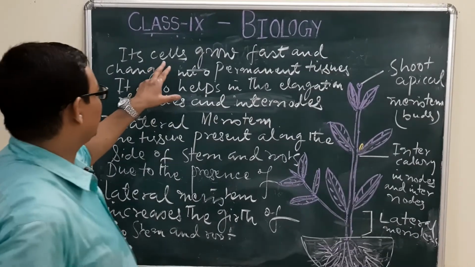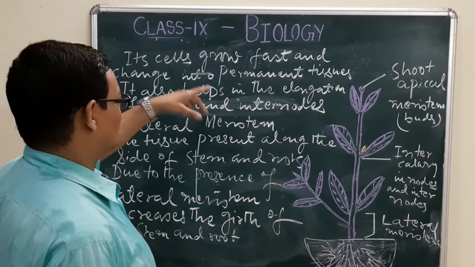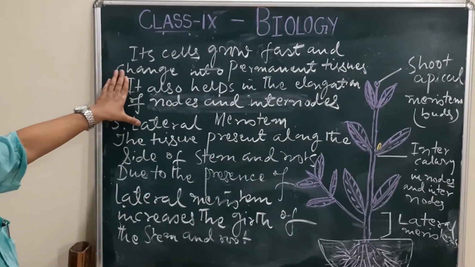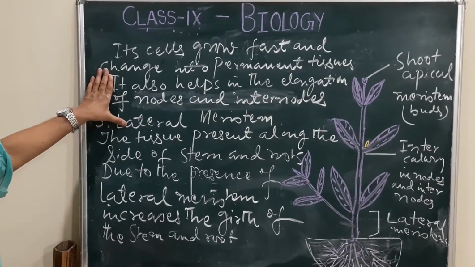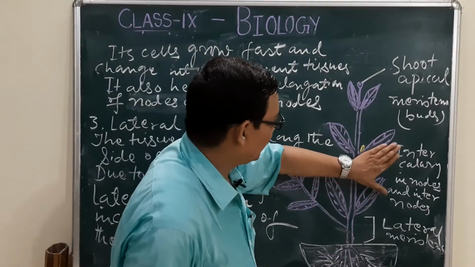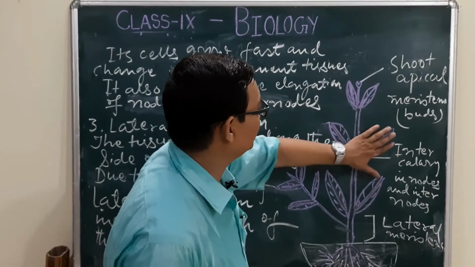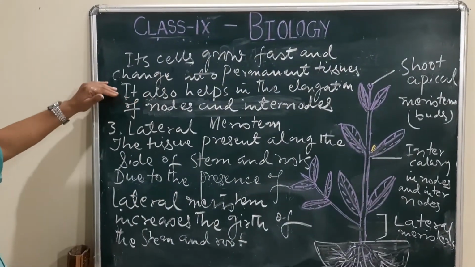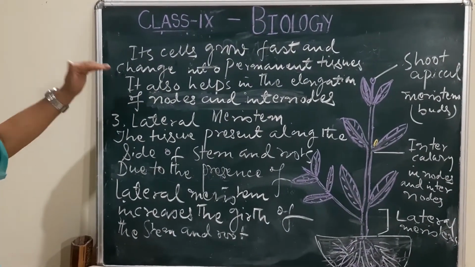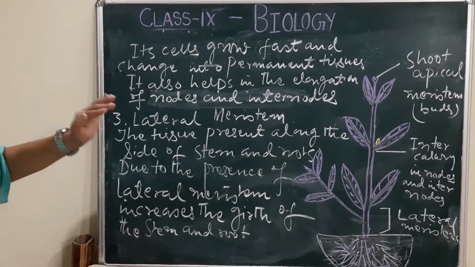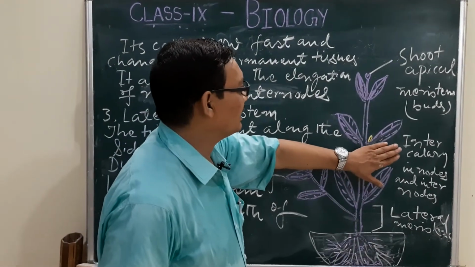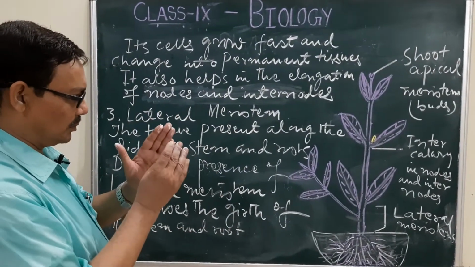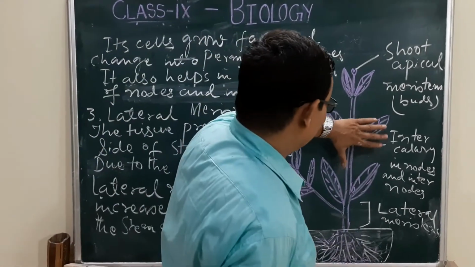It is related with the growth of the branches and twigs of the plant, as it is mainly present at the base of the leaves, at the nodes. That is why it is mainly related with the growth of those different parts which you may see here.